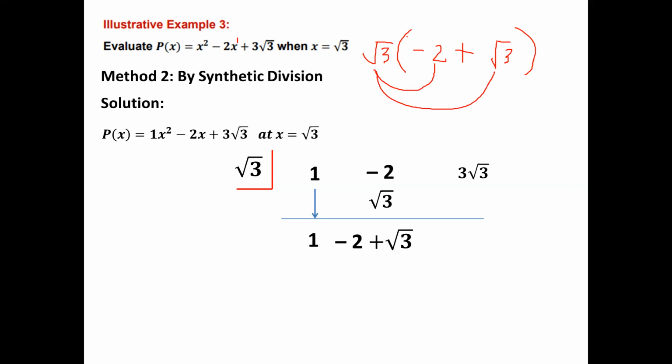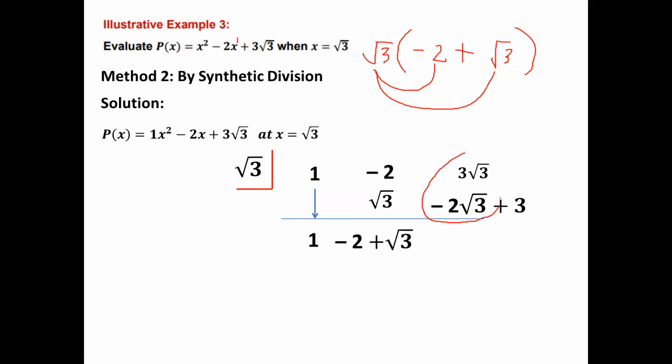Yung una, negative 2 square root of 3. And then yung pangalawa, square root of 3 times square root of 3 is square root of 9, at ang square root of 9 is 3. So magiging ganito yung outcome. Negative 2 square root of 3 plus 3. And then afterward, ito naman yung mga i-add natin. Yung 3, wala namang kaparehas, so plus 3 yan. So ang sinusolve lang natin dito ay yung dalawa.